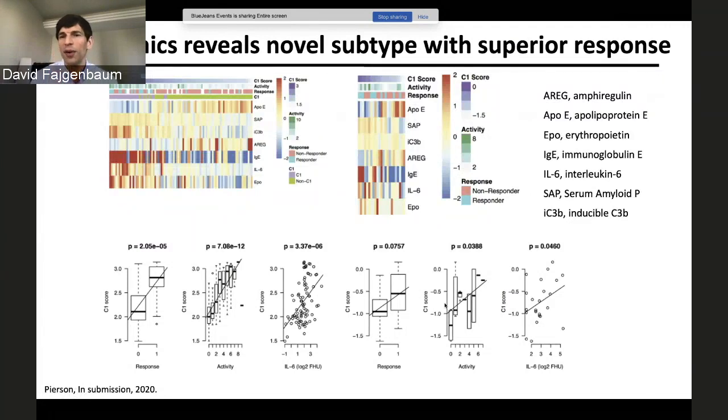We were then able to identify 7 proteins from within the 1,300 we measured that were particularly good at separating cluster 1 cases versus non-cluster 1. And then we looked in a separate validation cohort photographed on the right side of the screen, where we looked at an additional group of about 25 iMCD patients, and we were able to validate that, in fact, cluster 1 score using these 7 biomarkers was associated with response to IL-6 blockade.